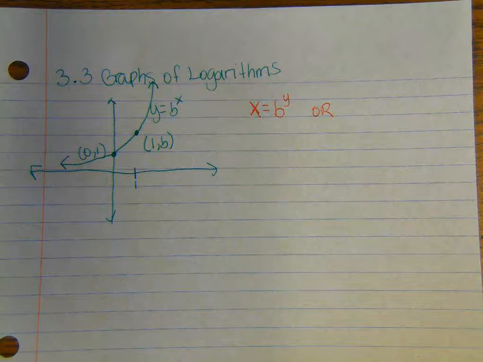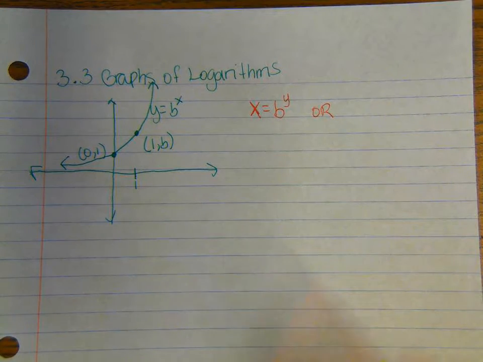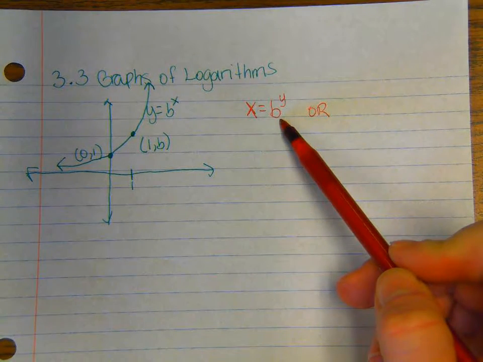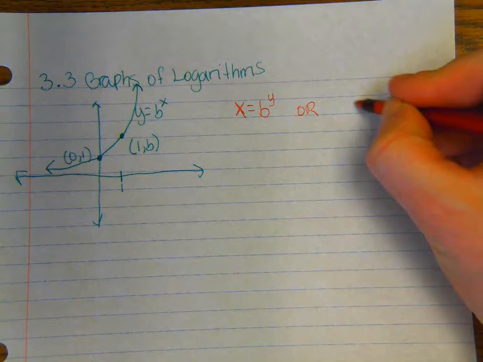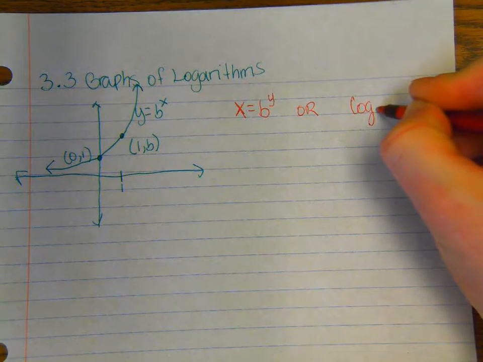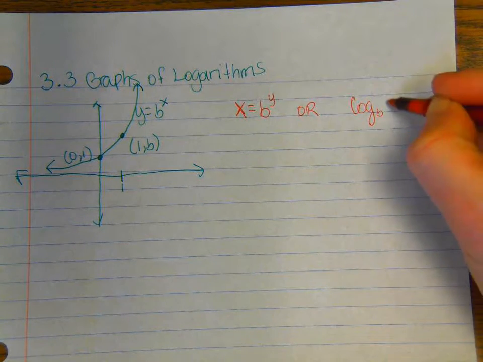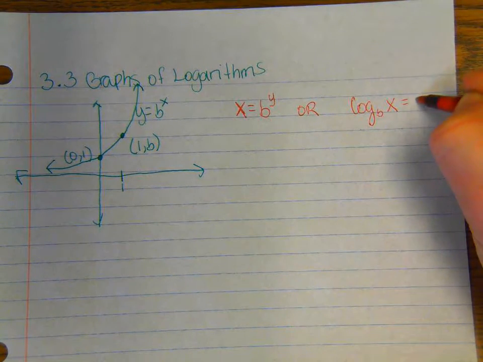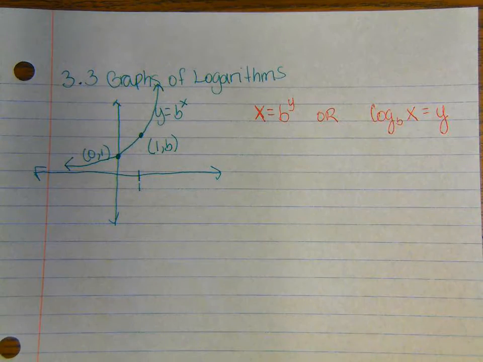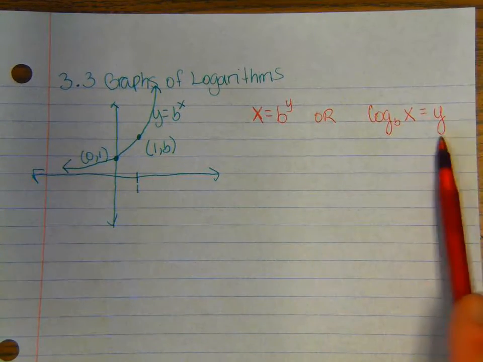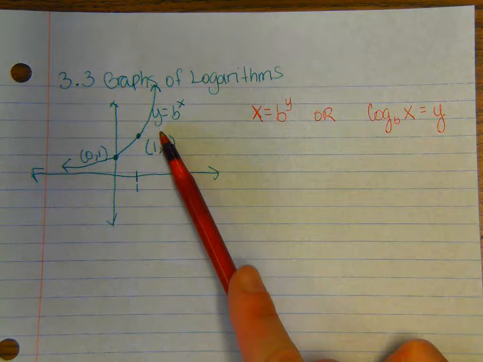The base of the log is the same as the base of the exponent. So this is log base b. This y is on the other side, and the x is right here. So when you're given something in this form, really, this is just the reverse of that. The x's and y's are reversed, the inverse function.